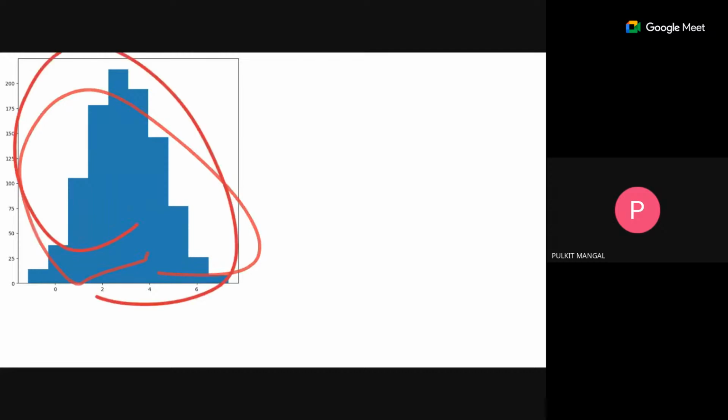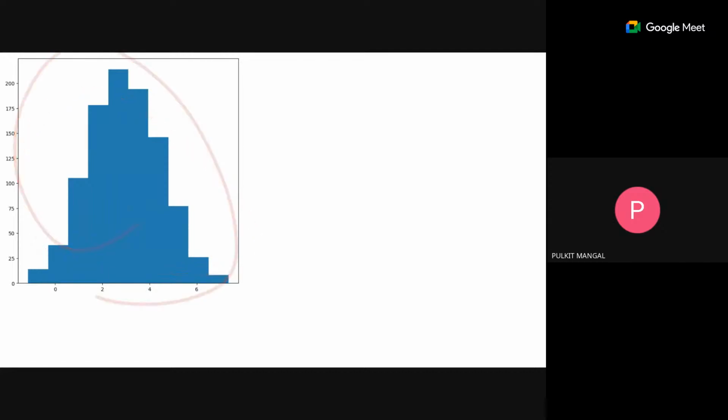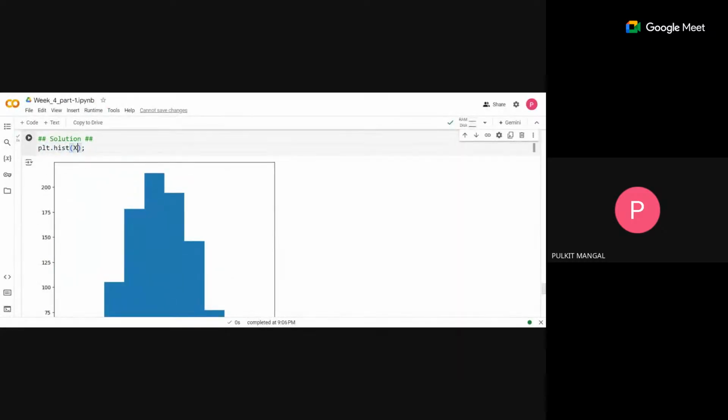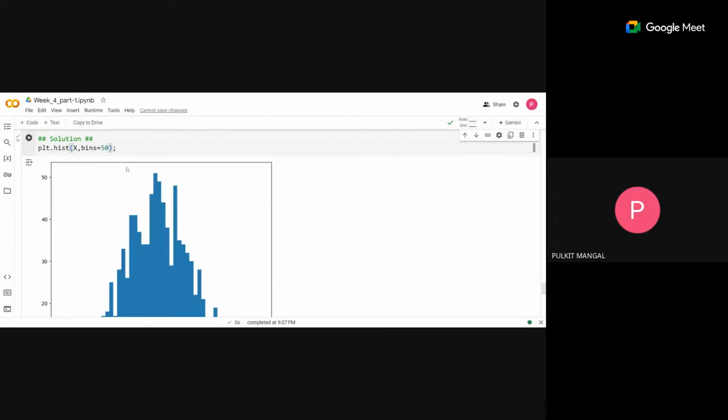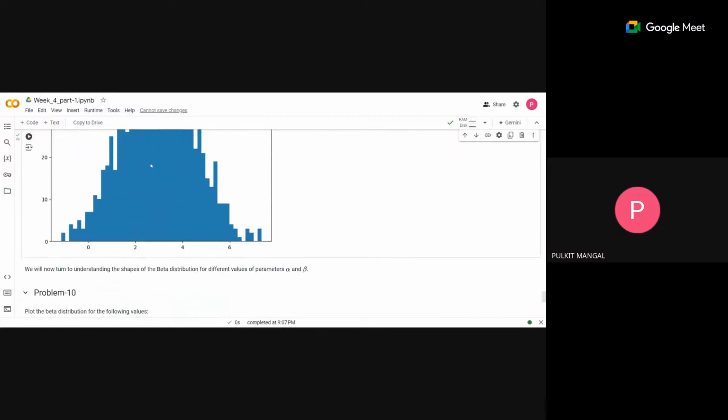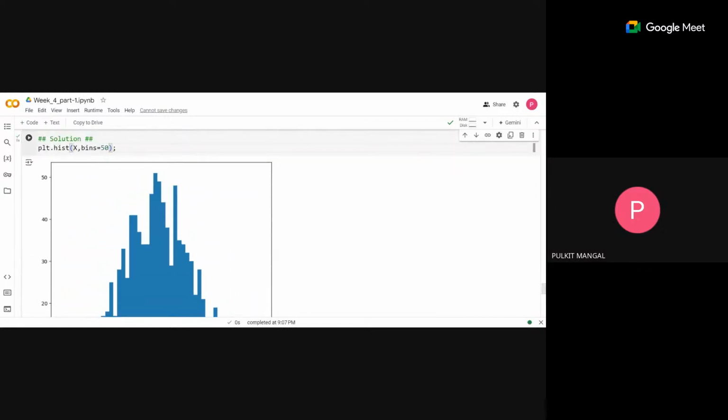Now it is not looking that good, so let's try modifying some things. I will use the bins parameter and pass, let's say, bins equal to 50. Still this is not looking good.